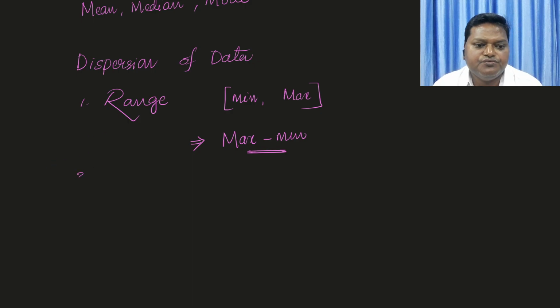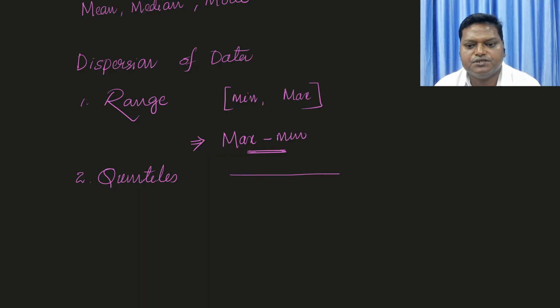Secondly, we talk about another division of the data as quantiles. For example, given 10 numbers, if I divide them into half and half, and find the central value, then I call it the median, right?